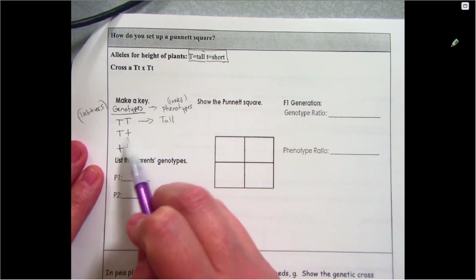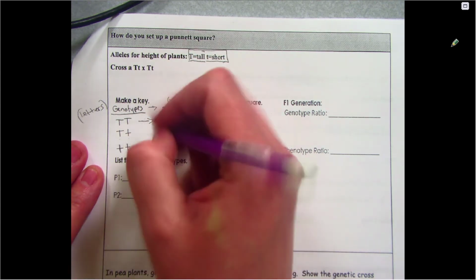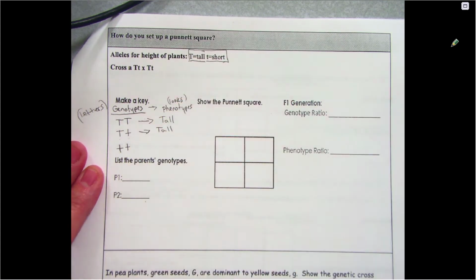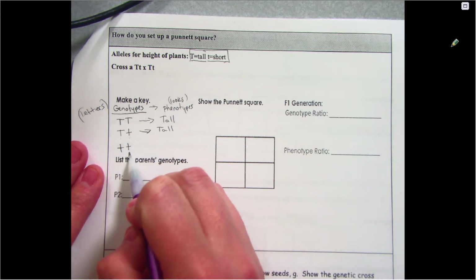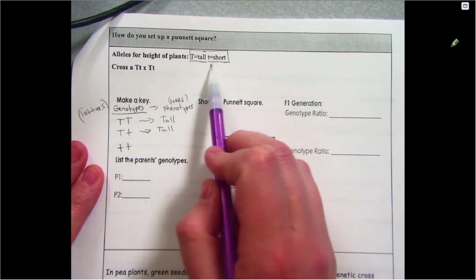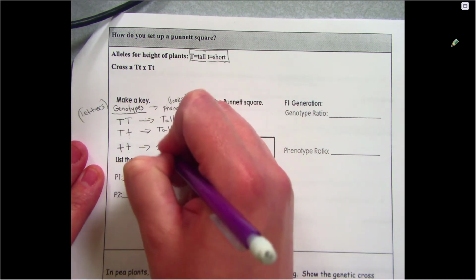So capital T, lowercase t, again, there's that capital letter present, so it's going to be tall. That dominant trait overpowers the recessive trait. And finally, little t, little t. This allele combination is going to represent short. So my phenotype for little t will be short.